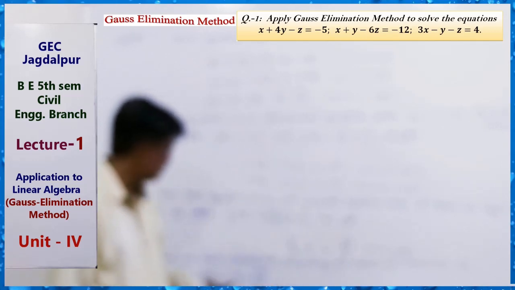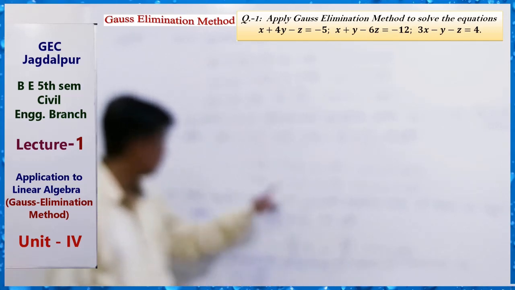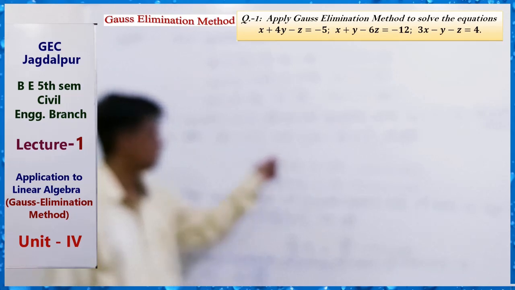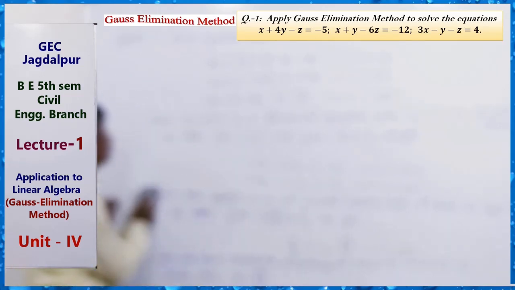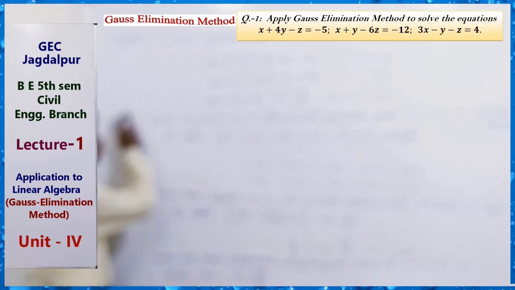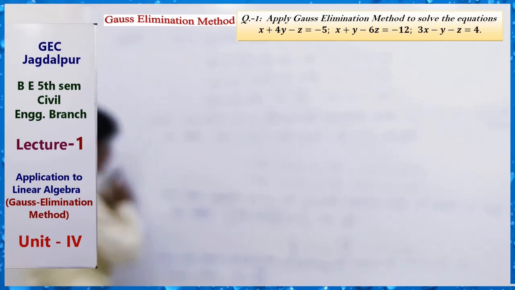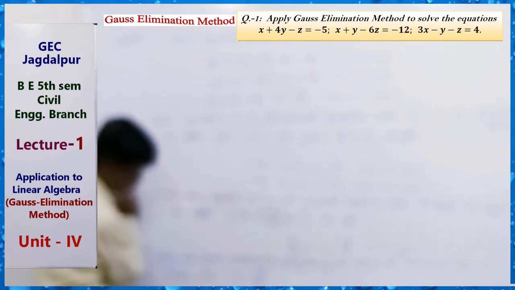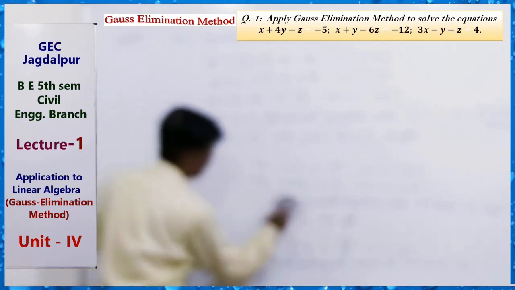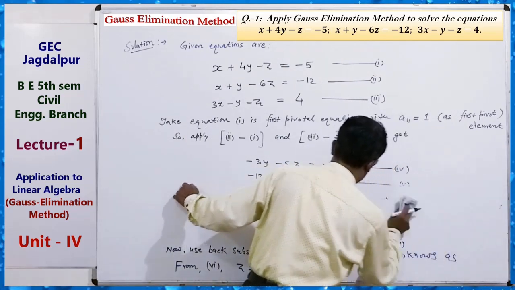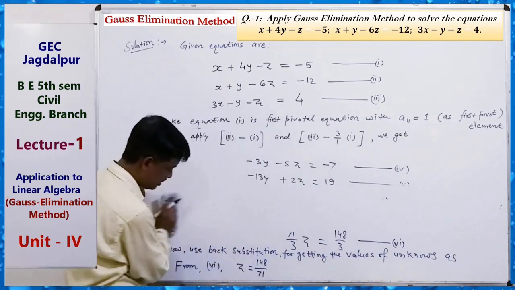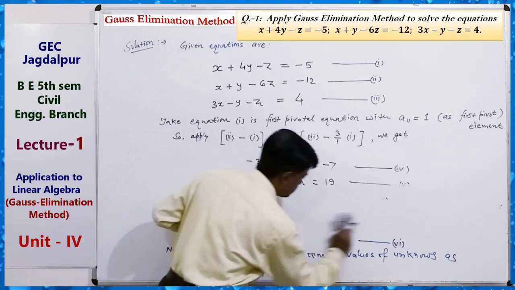So just z equals to 148 by 71 you can put here using equation 4. Okay, z equals to 148 by 71.